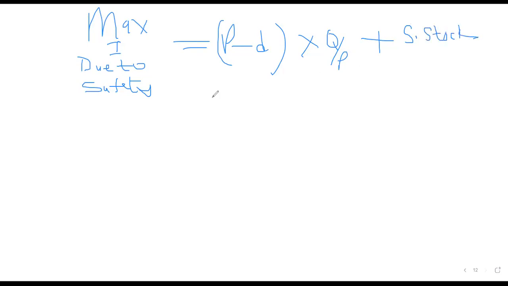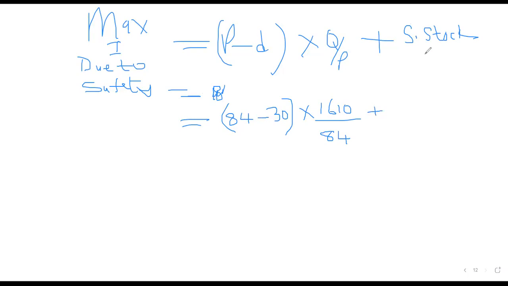We can see that our P is 84, minus our small d, which is 30, then multiply by our Q, 1,610, over our P, 84. Then plus, let's find the safety stock.